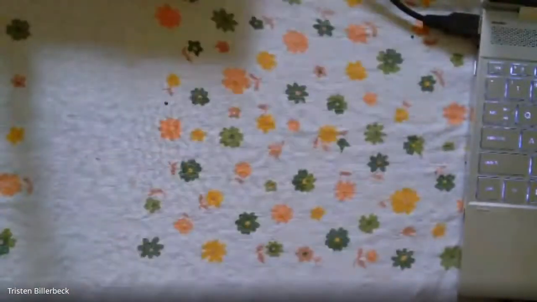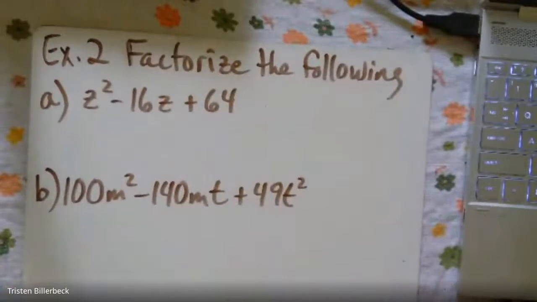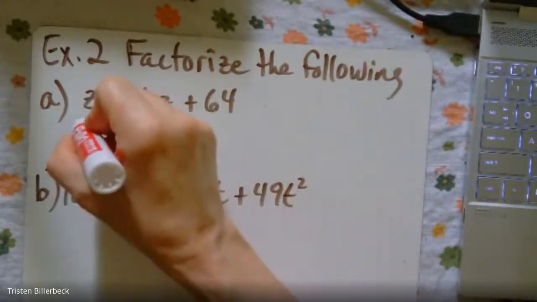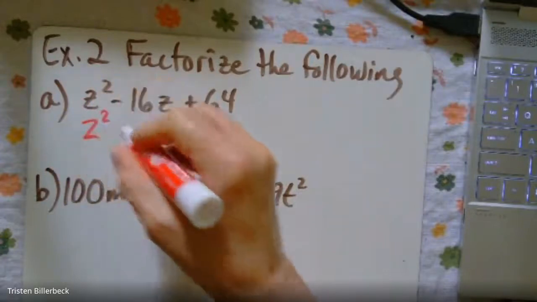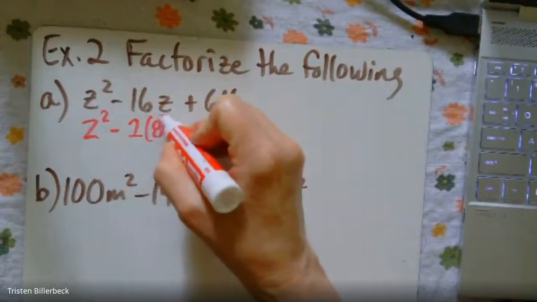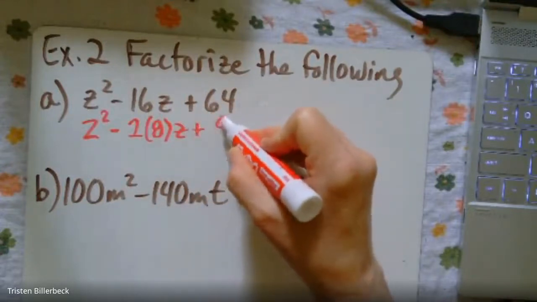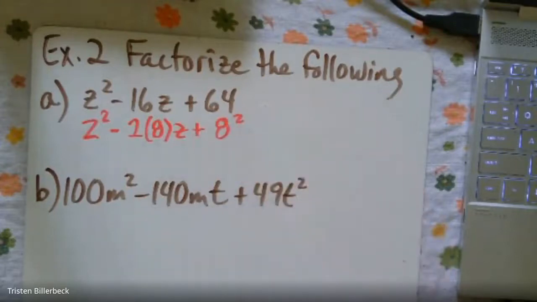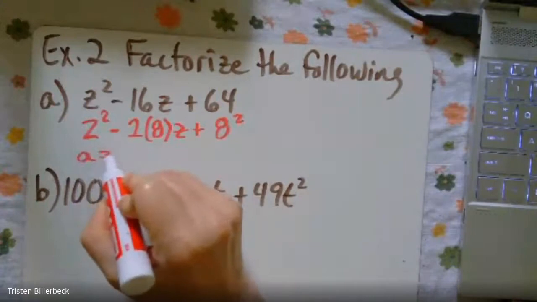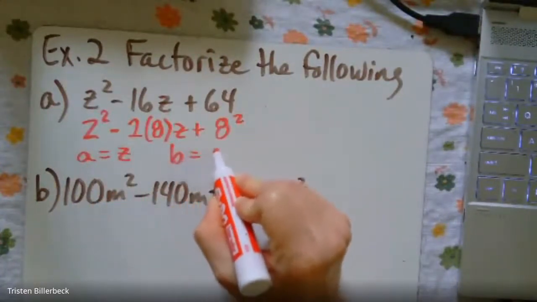Let's do some examples to figure out how this works. If we see this and we break it down, this is z squared minus 2 times 8 times z plus 8 squared. Well, there you have it. We have a equals z and b equals 8.